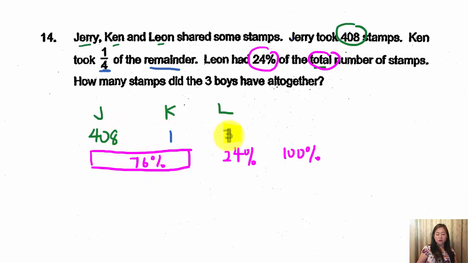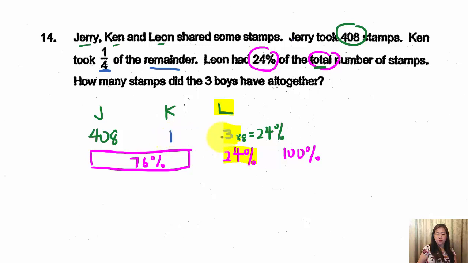but here we have 2 information about Leon. This is 3 groups and this is 24%. They are referring to the same number of stamps that Leon has. To make them the same, multiply 3 by 8 and it will become 24% as well.